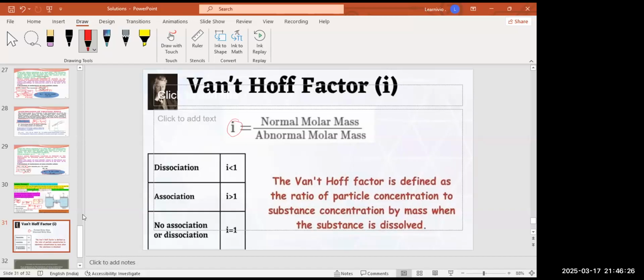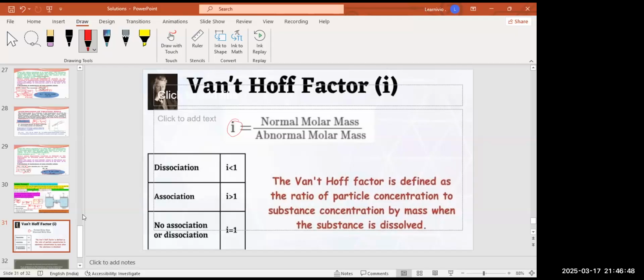So we have just discussed the colligative properties like relative lowering of vapor pressure, osmotic pressure, depression in freezing point, elevation in boiling point, etc. So to correct those colligative properties, we use this van't Hoff factor, right?